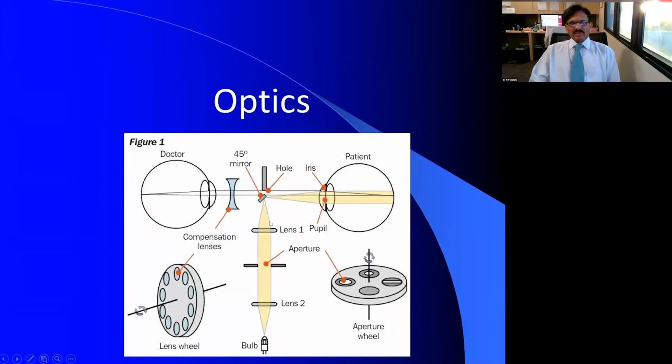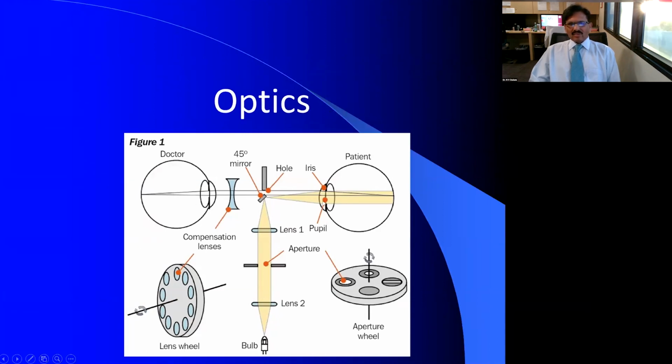And this is the optics of the direct ophthalmoscopy. As you can see, this is the patient here. An illumination in your handle is throwing the light, and in a 45-degree angle, puts the light into the patient, and the image you're trying to get comes back through the correcting lens by the examiner here.